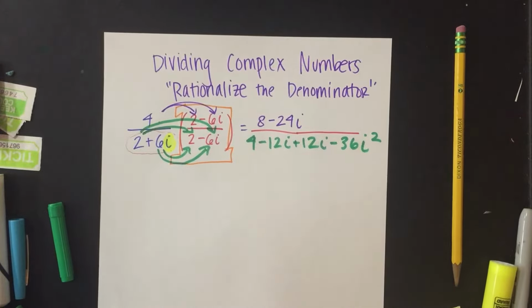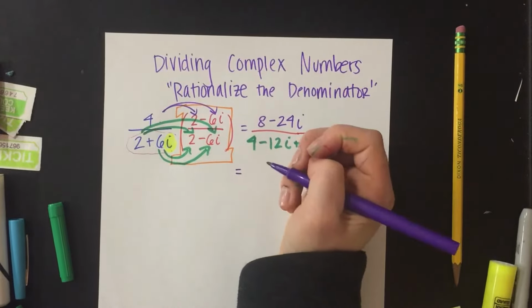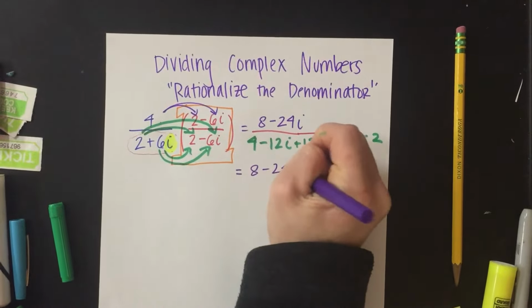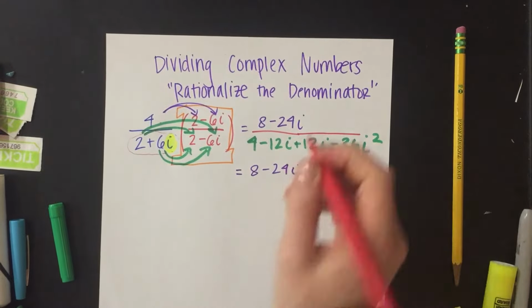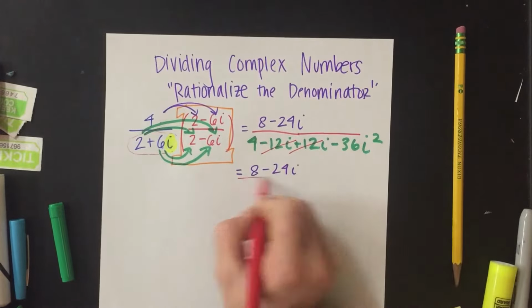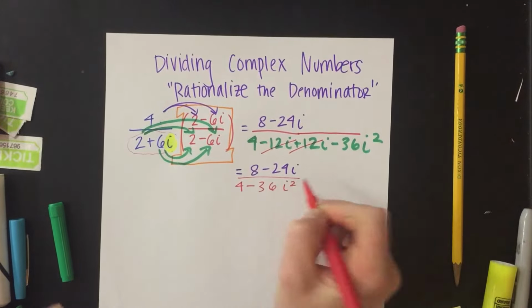All right, well, next what I can do is simplify the denominator. So my numerator is going to stay the same, but on the denominator, I can say negative 12 plus 12i, that's 0. So I have 4 take away 36i squared.